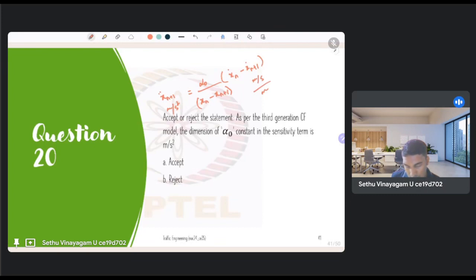So finally what we are having is 1 over second. So this must be multiplied with the units of alpha naught to get meter per second square. So what should be alpha naught? Alpha naught should have the unit of meter per second, so that the dimensions match on both sides of the equation. So alpha naught cannot have meter per second square, it must have meter per second in the third generation model. Which means that the given statement is incorrect, so we are rejecting it.